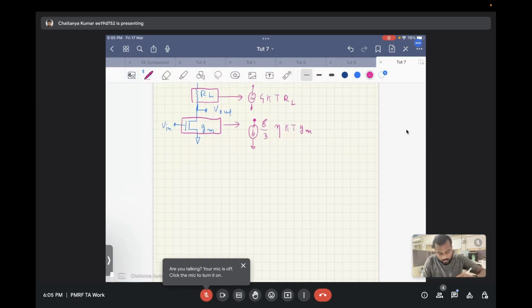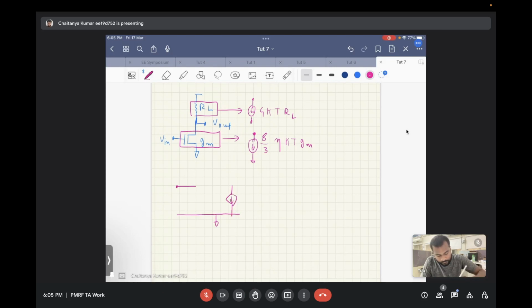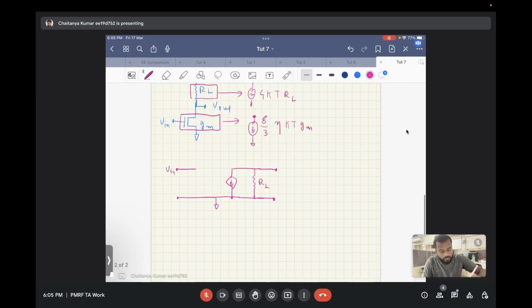So we'll write the small signal model for this. Let's assume the parasitic capacitances are open. So the transfer function from input to output.